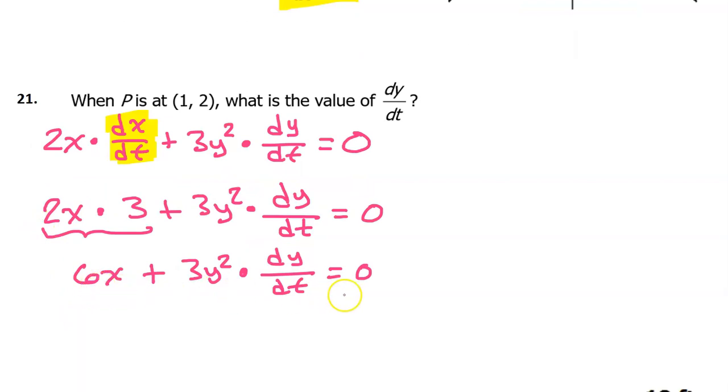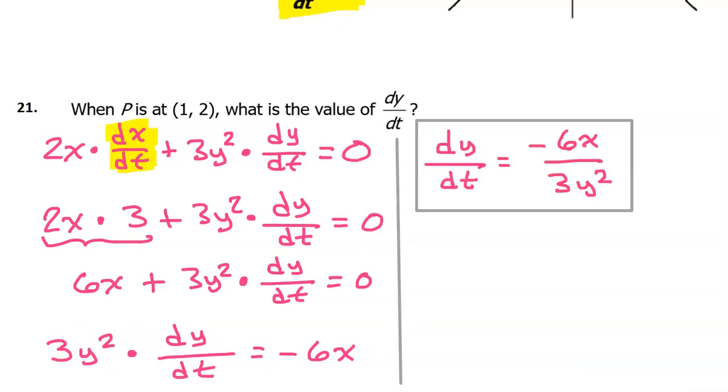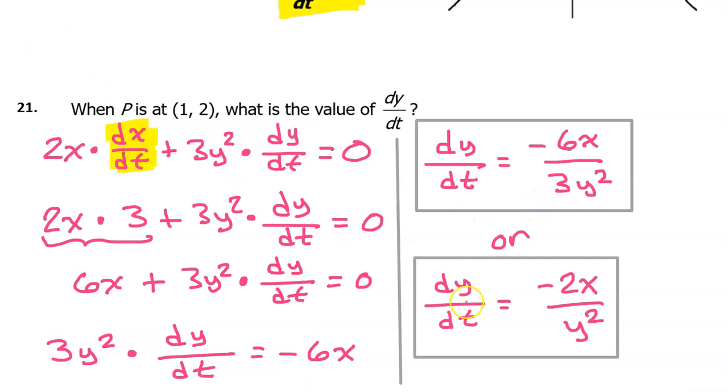Let's subtract 6x from both sides, so this moves over here and becomes negative 6x. Now let's divide both sides by 3y squared, so 3y squared ends up in the denominator right here. This is a valid answer, or you can do that tiny amount of simplification and come up with this.